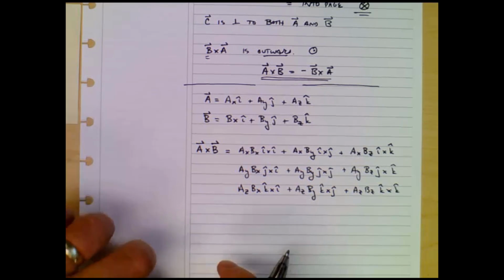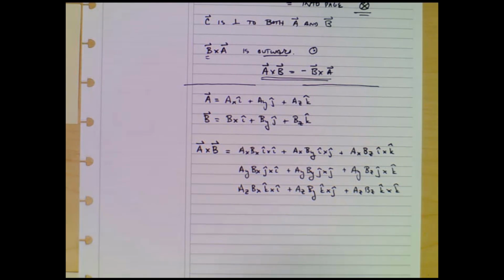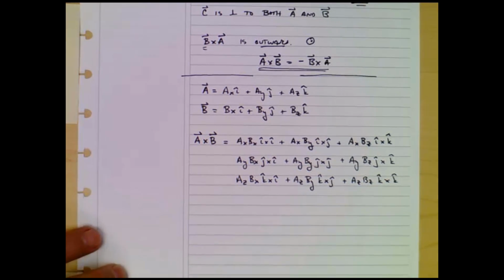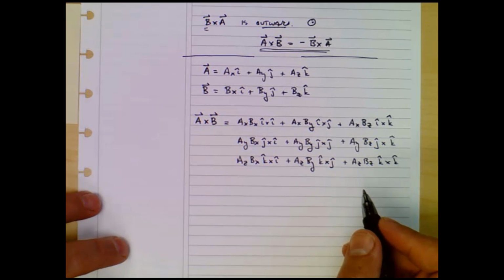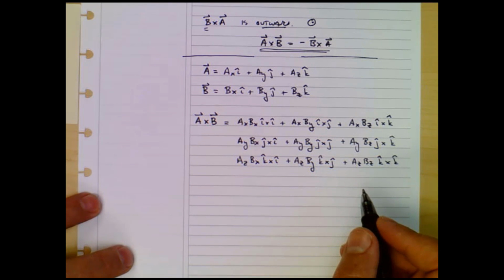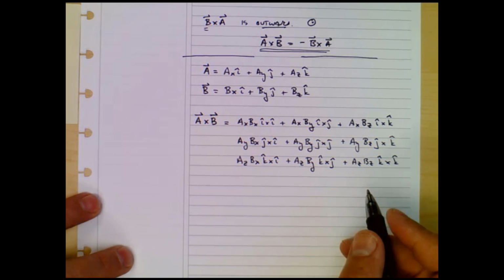All right, so we've now got all 9 terms. And what we need to do next is going to require us to think about the individual cross products between the various basis vectors, the various unit vectors.